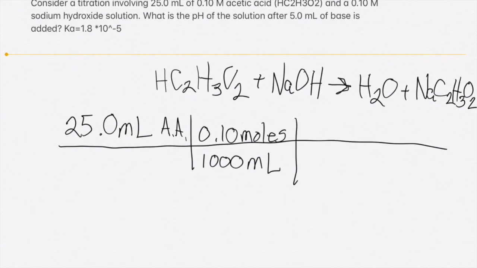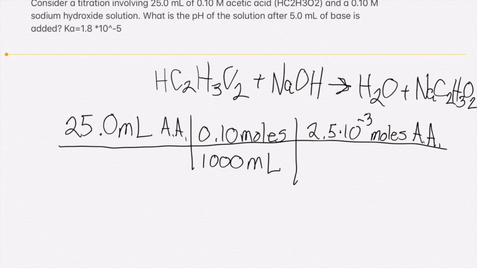So we can work this out and find that we have 2.5 times 10 to the minus third moles of acetic acid.